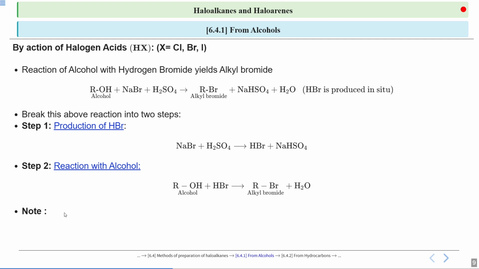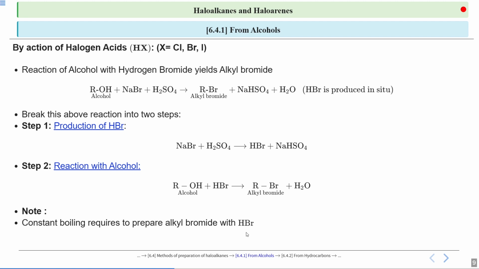Okay, the point to be noted is that constant boiling is required to prepare the alkyl bromide with hydrogen bromide. First of all, the hydrogen bromide is the one that is produced from the sodium bromide and sulfuric acid reaction within the mixture, and constant boiling is the condition that you are going to require to prepare this alkyl bromide with the hydrogen bromide.